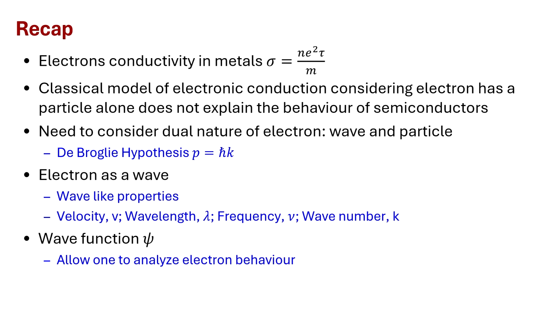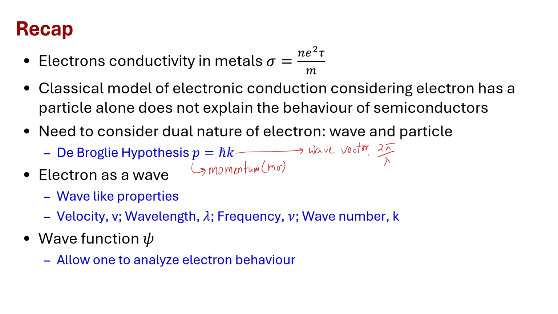This was first proposed by de Broglie, who said that electron can act as both particle and wave, and if that is the case, then we can correlate the momentum of electron, which is particle like nature, to h cross k. Here p is momentum, which can be written as mv, and k is wave vector, whose magnitude is 2 pi divided by lambda.